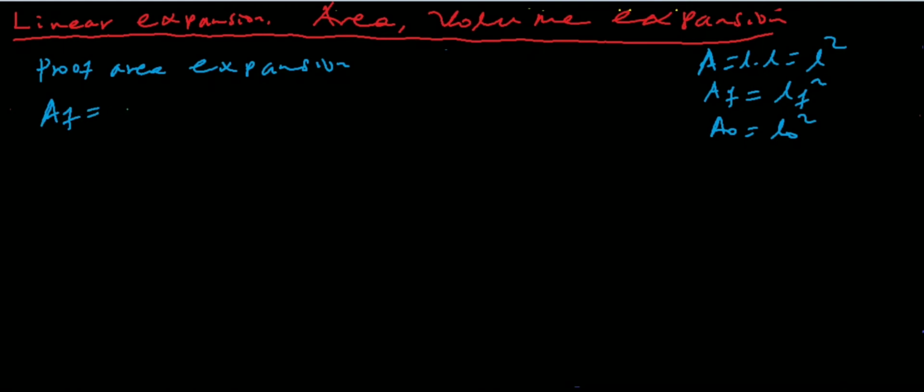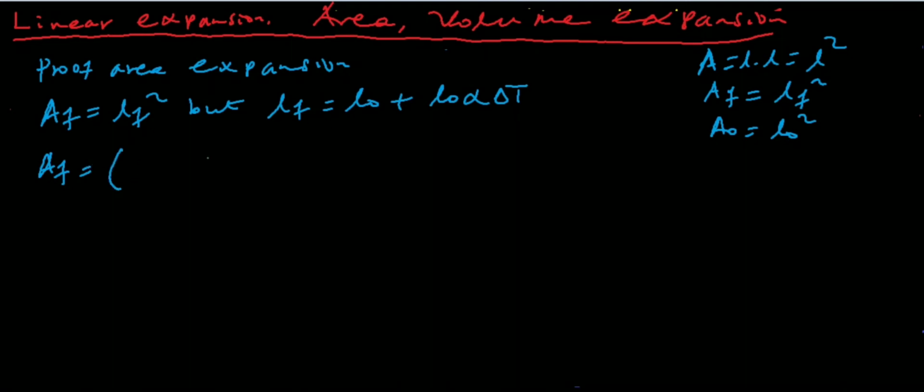AF is equal to LF square, but LF is equal to L naught plus L naught alpha change in temperature. So AF is equal to L naught plus L naught alpha change in temperature, the whole square.